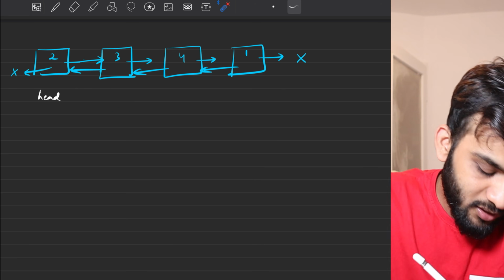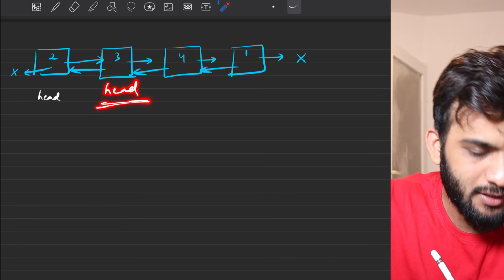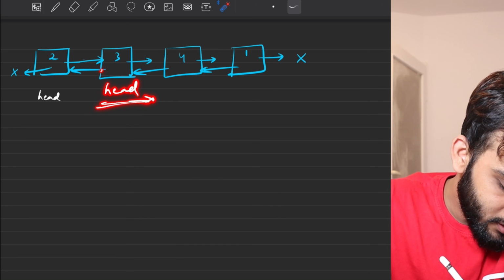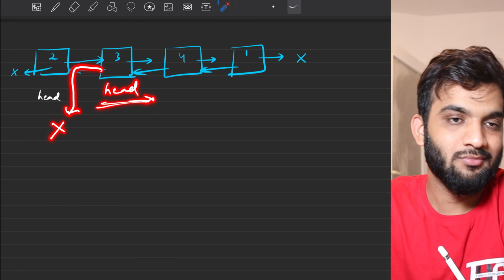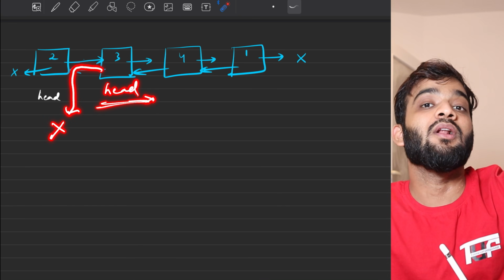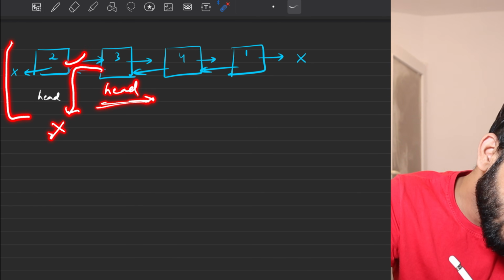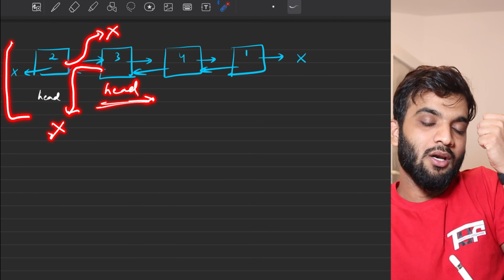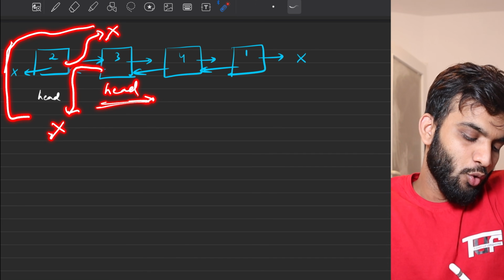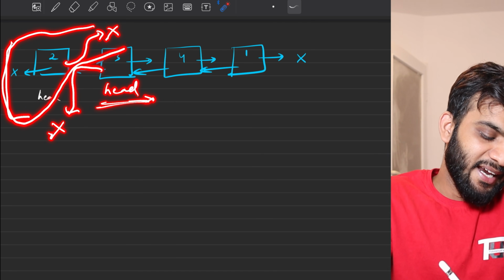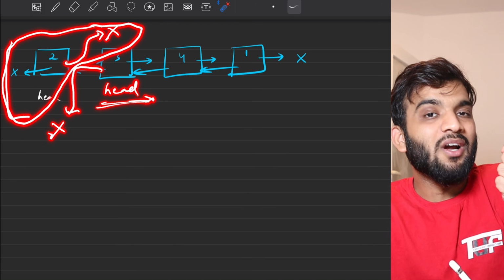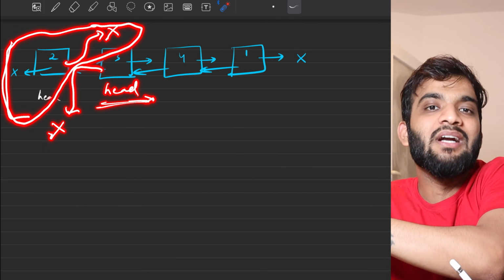So the first thing, the head has to move here. That's for sure. At the same time, this cannot point to 2. It has to point to null. After this, the previous head had a next pointing to 3. It has to point to null. Once the previous node is segregated, that means it has no connections to anyone, you can delete it.